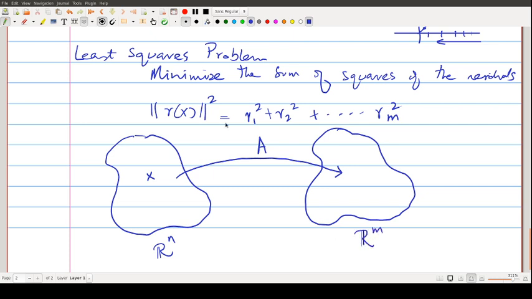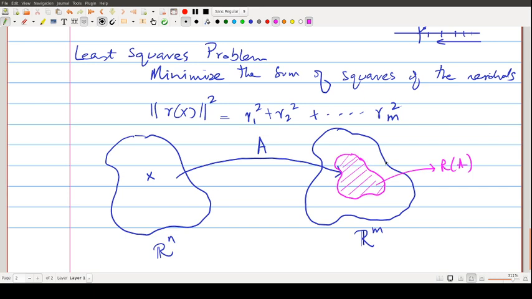Of course, this is going to have an image, so there will be a range, a subset usually, where this is the range of A. These are all the images of all the elements over here.